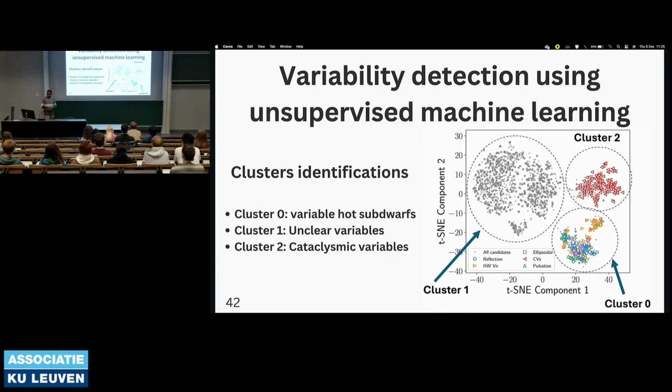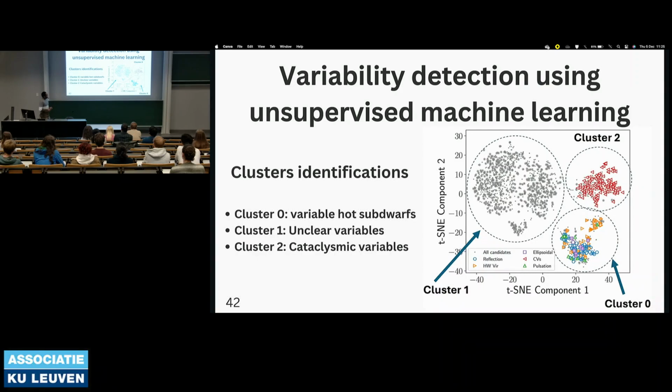And after this, we have these results in this plot, where we identified two main classes of objects. In cluster 0, we found most of the hot subdwarf variables, such as HW Vir systems, reflection systems, and ellipsoidal variables.